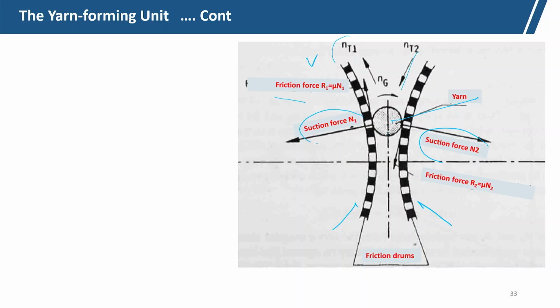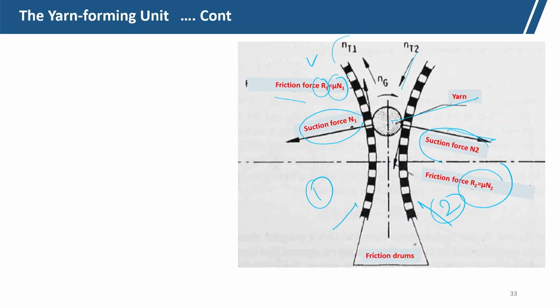So, the normal force acted by drum 1, this is drum 1, here is drum 2, is N1. So, the frictional force is mu N1. Similarly, the frictional force by drum 2 will be mu N2, where the suction force is N2.